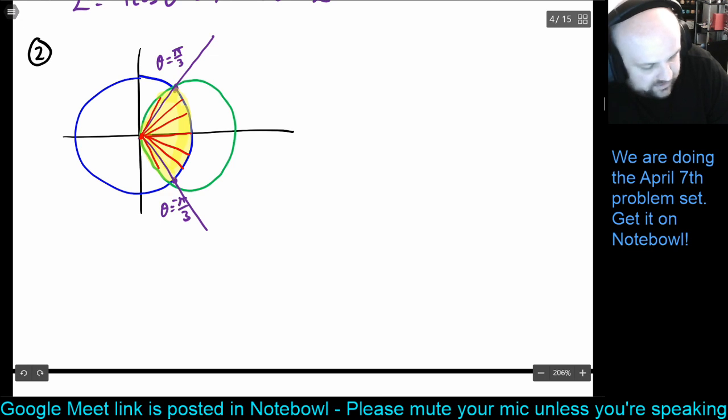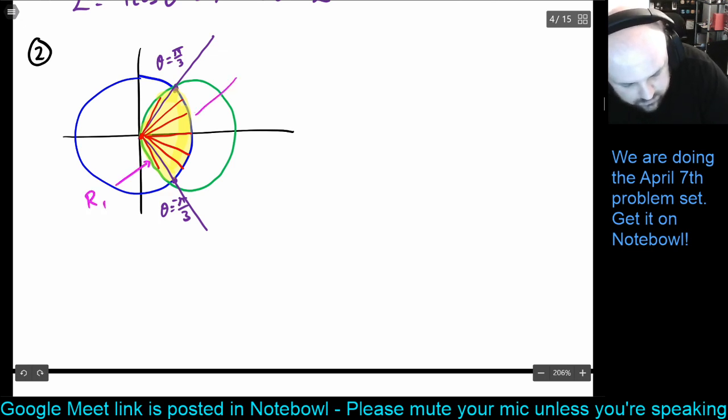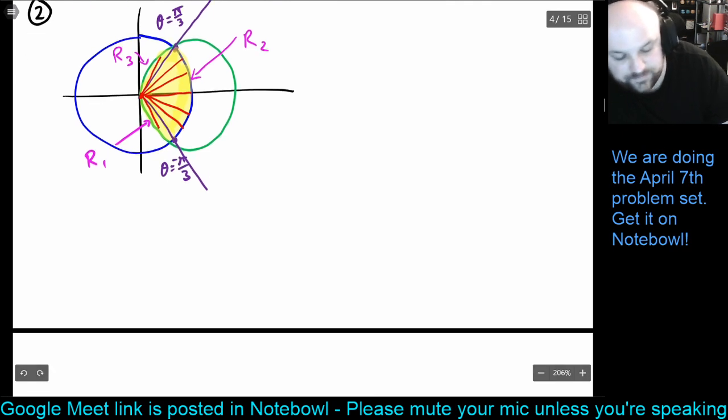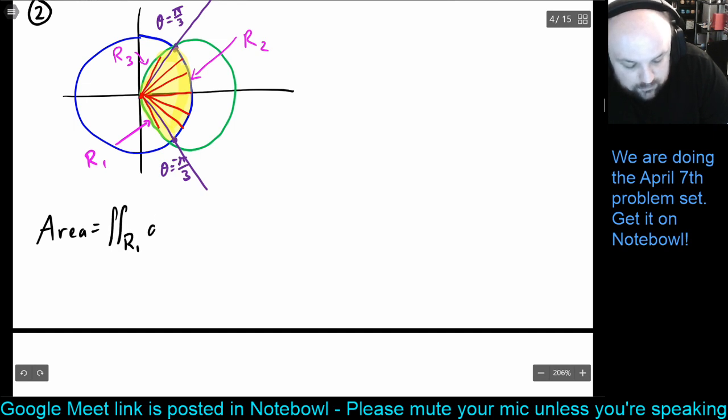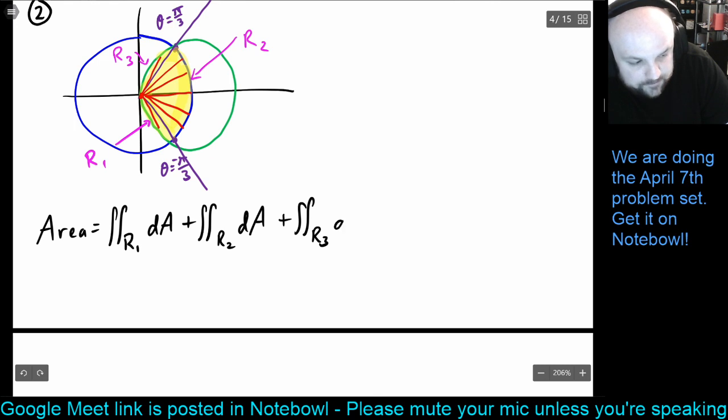So let me call these R1, R2, and R3 respectively. Then we're going to have to find the area for R1, the area for R2, and the area for R3.